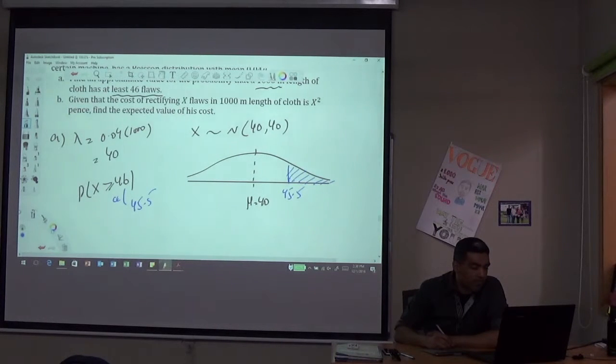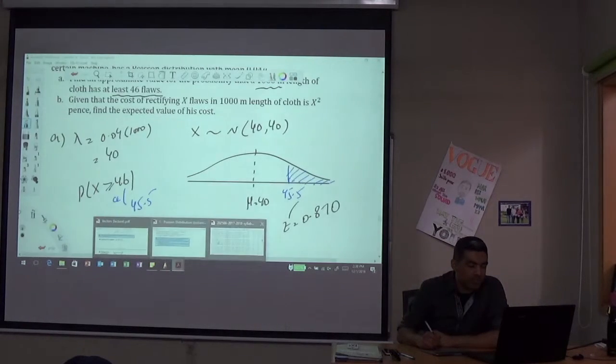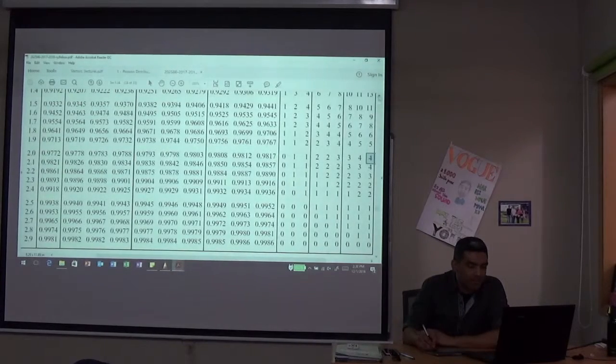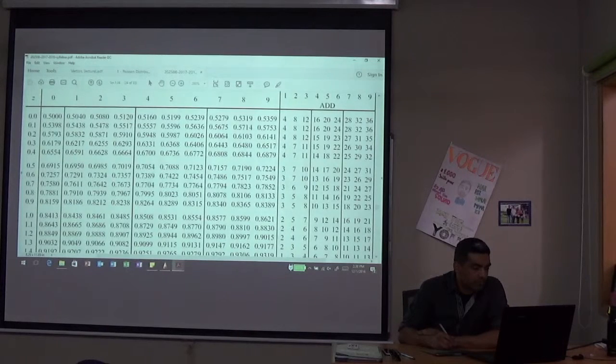So what's the Z value? 0.870. Let's check the table. 0.870 is 0.8078.